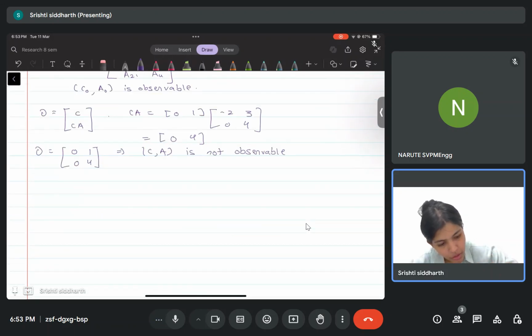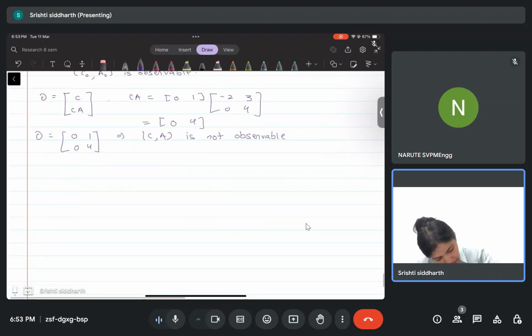The transformation matrix T is going to be 2 by 2 because we have two states and we need it to be invertible.